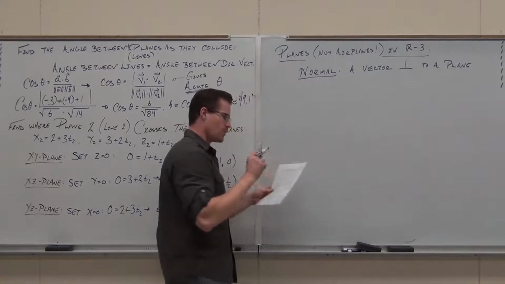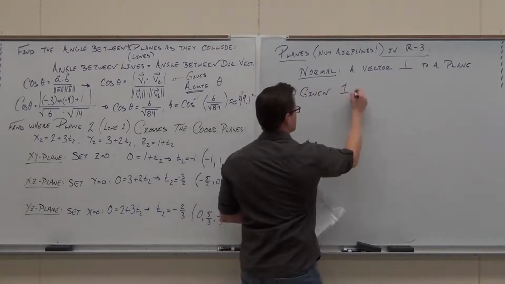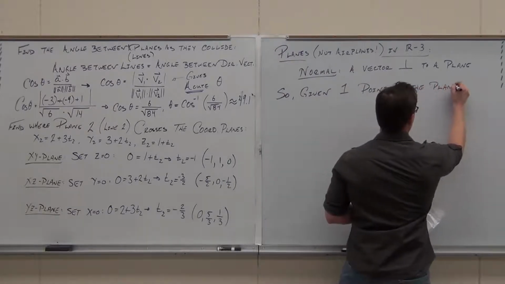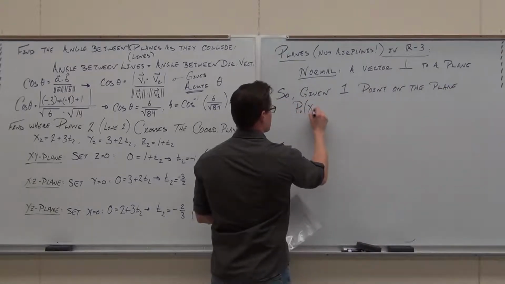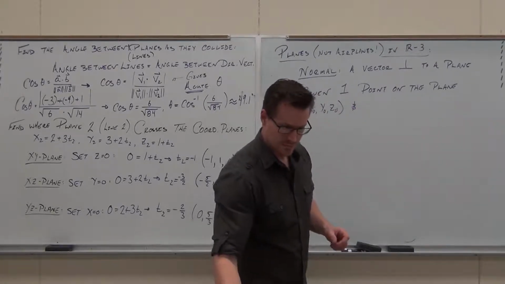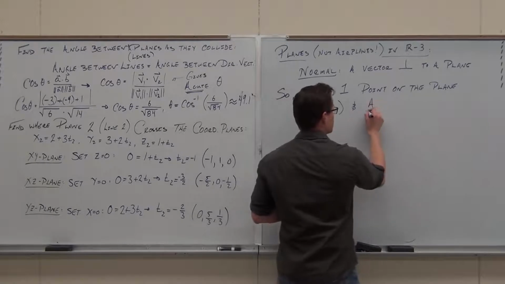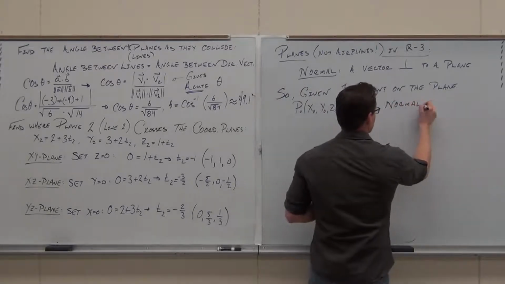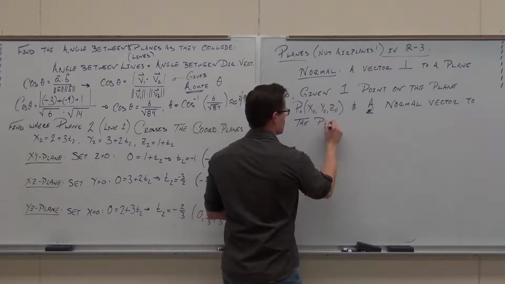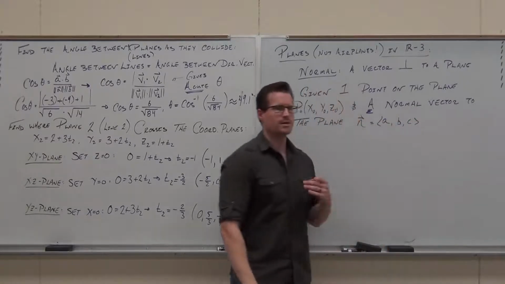So, given one point on a plane, and a normal vector to the plane, we can define a specific plane.